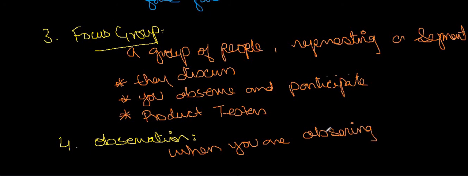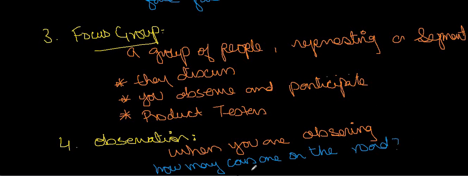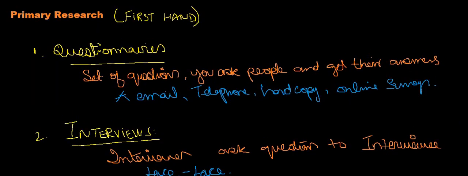You sit quietly and try to observe how many cars are on the road. You do not participate. This is again first hand, no one has observed before. So these are the few first-hand primary research methods you do.